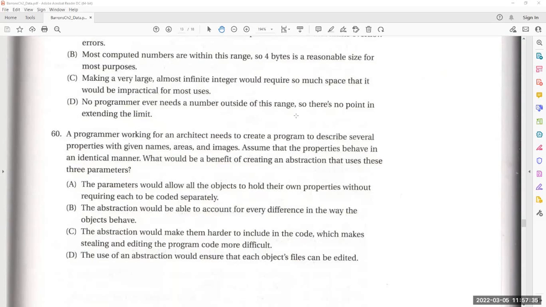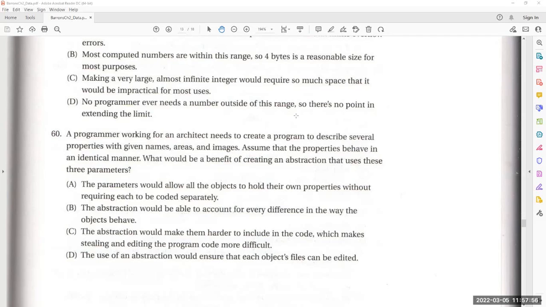Okay. So the question is about writing a program for an architect to create a program describing several properties given name, area, and image. Okay, assuming the properties behave in an identical format. What would be the benefit of creating an abstraction that uses these 3 parameters?